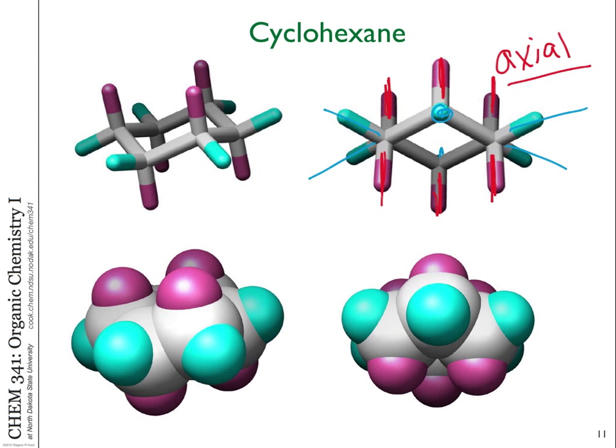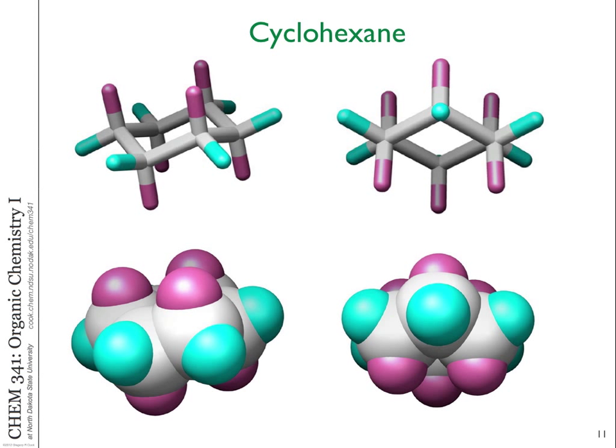They're all pointing away from the ring. And if you envision that as a circle, it's in the equator of the ring. So these are referred to as equatorial positions or equatorial hydrogens. Okay, and they are different because they have different steric environments, and we'll see that a little bit more carefully.